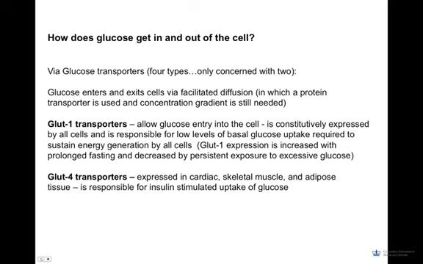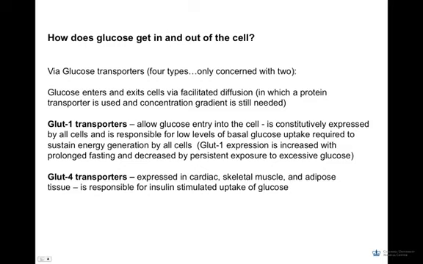The GLUT1 transporter, or the subtype 1 transporter, is found on nearly every cell in our body. It allows glucose to enter cells. It is what we call constitutively expressed by all cells. And when we say constitutively expressed, it means that these transporters are always produced and they're always found on the membrane.